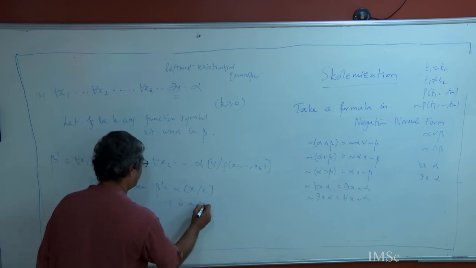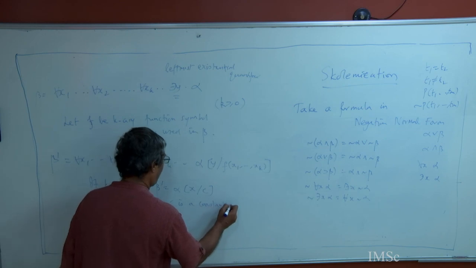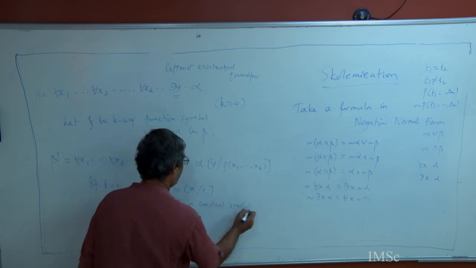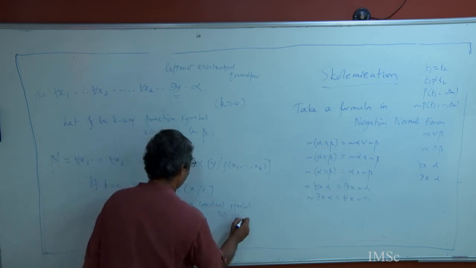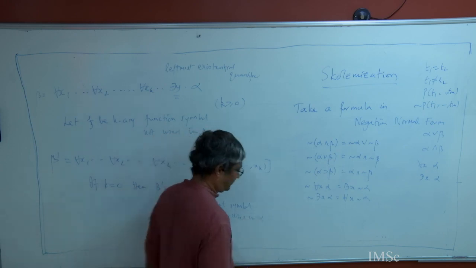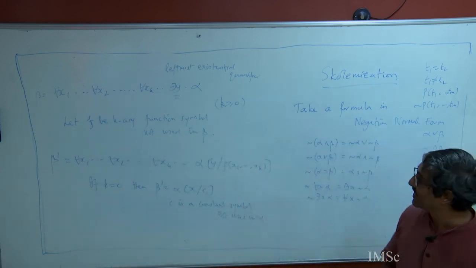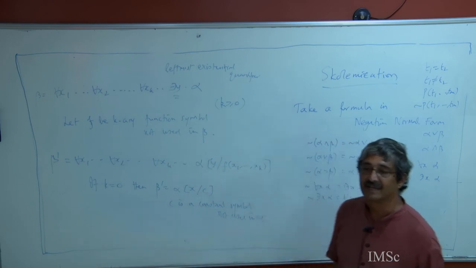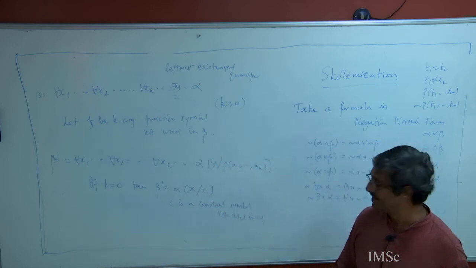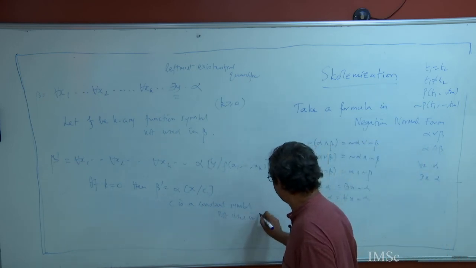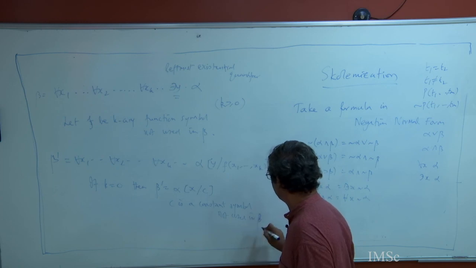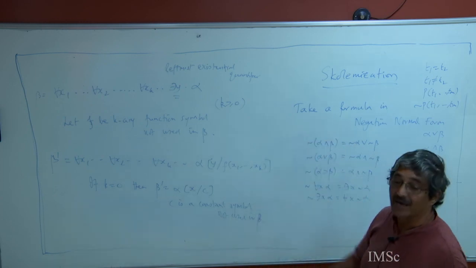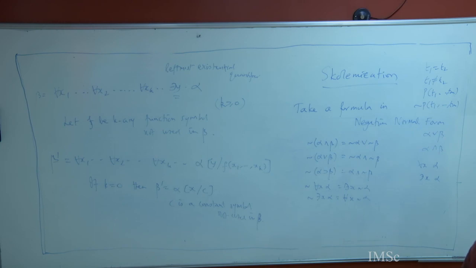C is a constant symbol not used in beta, if there is nothing else to the left of the existential quantifier. God knows what context this existential quantifier is in. So this is the idea of Skolemization.